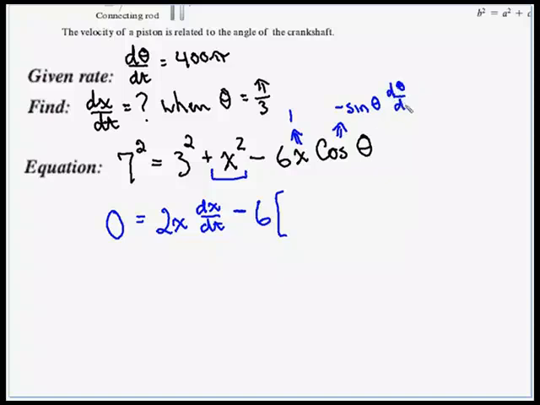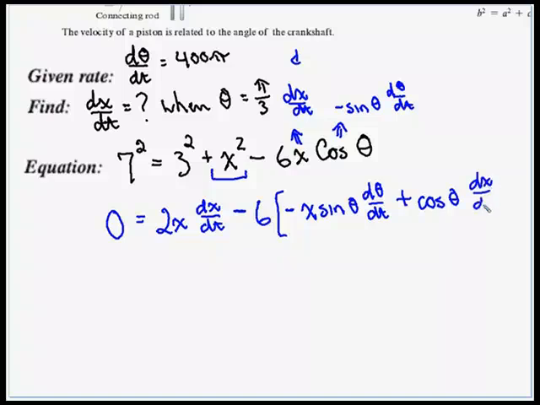So, product rule: first times the derivative of the second, x times negative sine theta d theta dt, so negative x sine theta d theta dt, plus second times the derivative of the first, cos theta times dx dt.